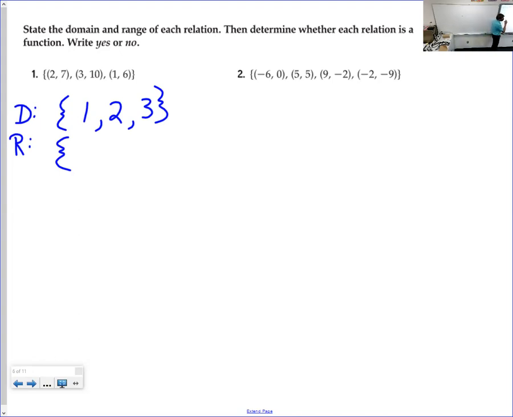And our range here is 6, 7, 10. Do we have a function? Yes, good. There is no x value that's duplicated, yes. Okay, yep.